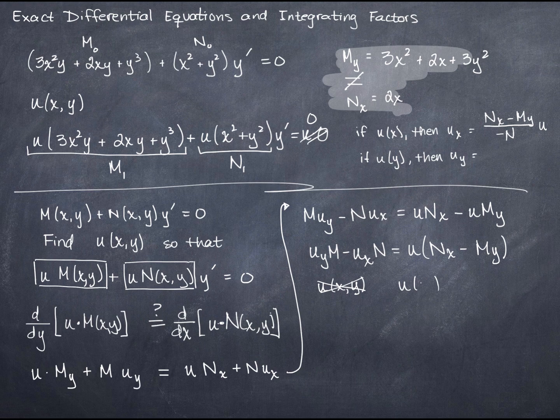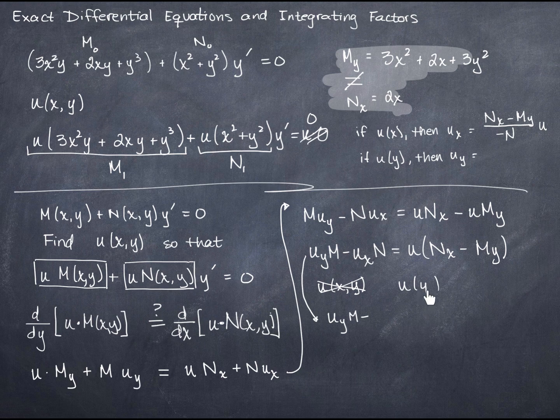Okay, so if u is a function of y, then this equation becomes the derivative of u with respect to y times m, minus the derivative of u with respect to x. But if it doesn't have any x's in it, every term that has a y in it, the y's all get treated like constants.